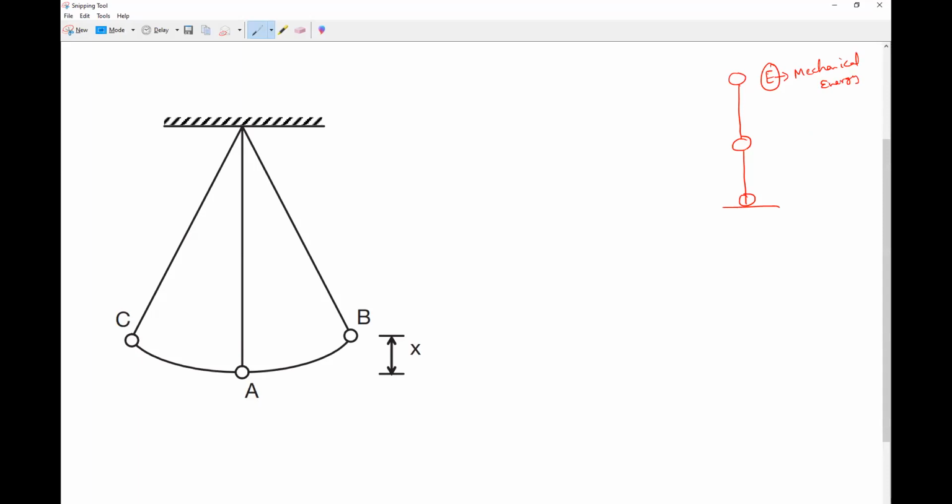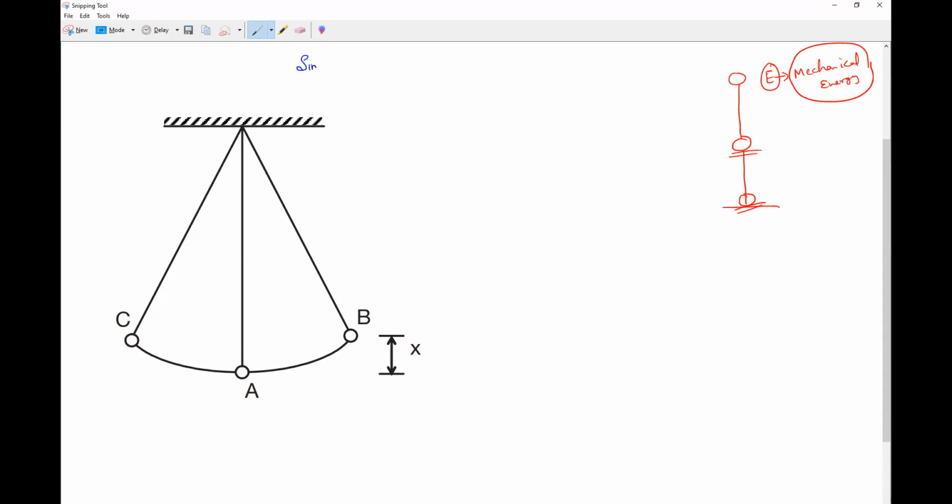At every point we proved that energy always remains constant, meaning it is conserved. That is the law of conservation of energy. Is it right? Please respond. Correct or not? So in the case of the simple pendulum also, we are going to prove the law of conservation of energy.